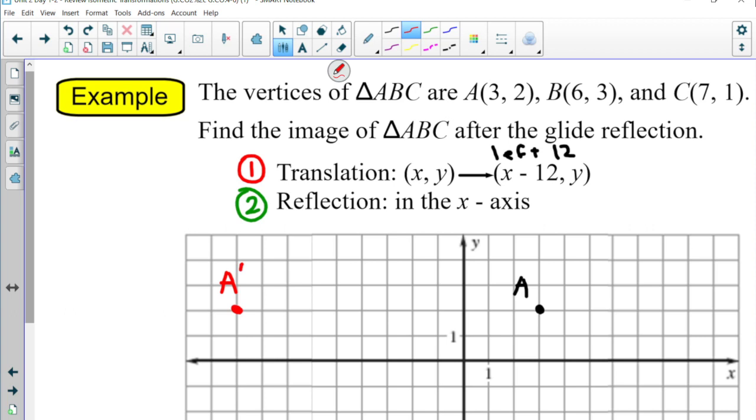Which, if you look at those coordinates, so A was at 3, 2, A prime ends up at -9, 2, which hopefully makes sense because we said we'd take that x coordinate, subtract 12. 3 minus 12, that's a -9.